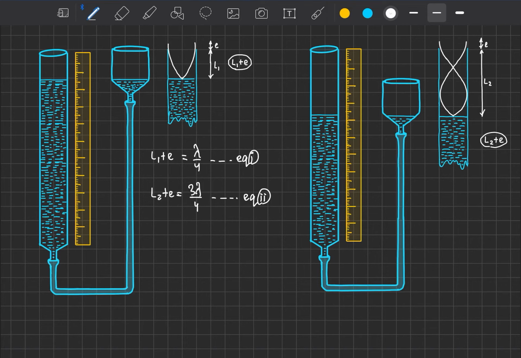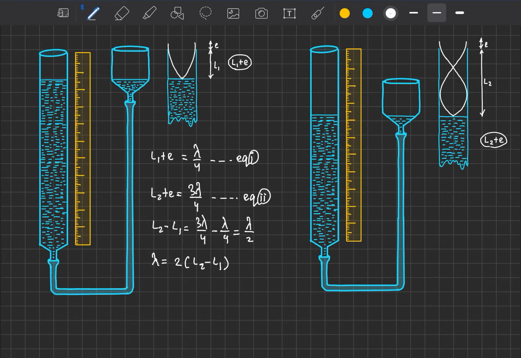Now by solving these two equations, if we subtract them, we get L2 minus L1 equals 3 lambda by 4 minus lambda by 4, which is lambda by 2. So from here we get wavelength lambda equals 2 into (L2 minus L1).